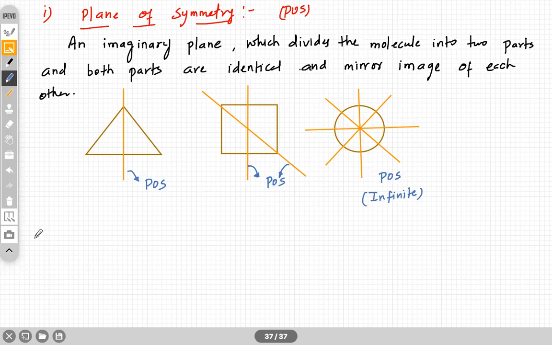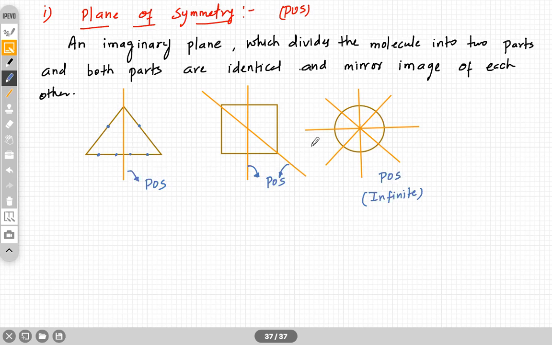If you analyze this, in the two equal halves, each point has a mirror image in the other. Consider here we place a mirror, then each point has a mirror image on this side. Like this each point has a mirror image. Similarly here also each point has a mirror image. So these are the planes of symmetry.